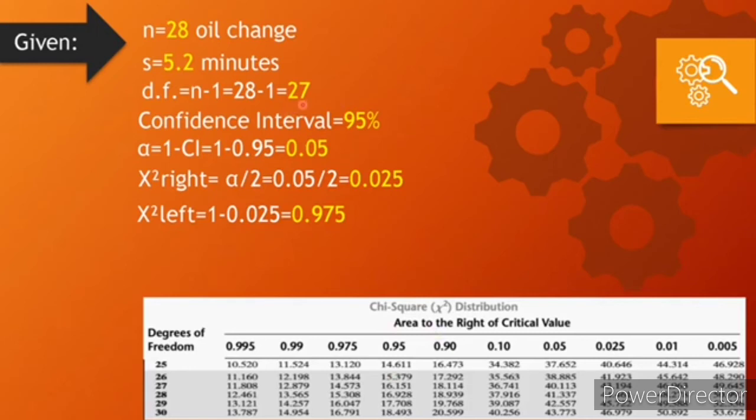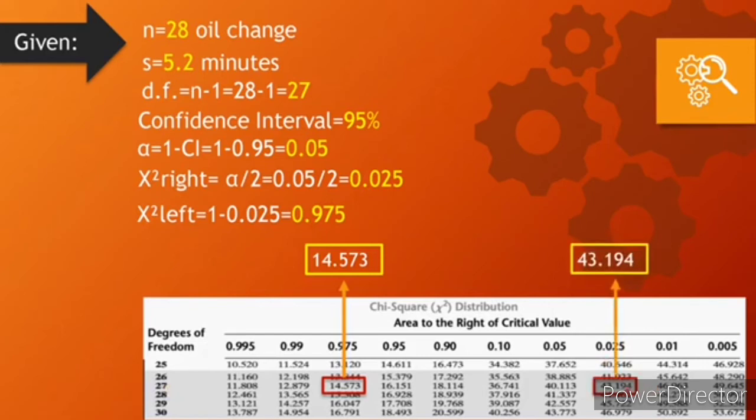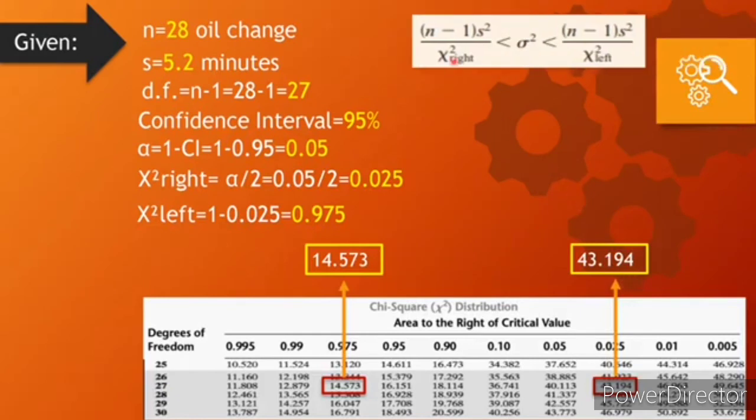As you can see, the degree of freedom is 27, and in the left tail, 0.975 in 27 is equal to 14.573, and in the right tail, which is 0.025, and in 27 degrees of freedom, is equal to 43.194.